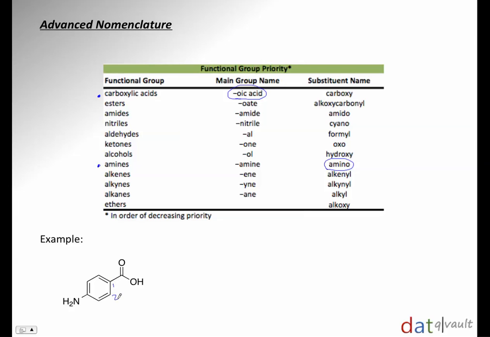So since the carboxylic acid, again, has the highest priority, we're going to give it the number 1 position when numbering around the benzene ring. So this is going to be 4-amino, from the substituent name right here, and then again it's a benzoic acid. Benzoic acid coming from the main group name.